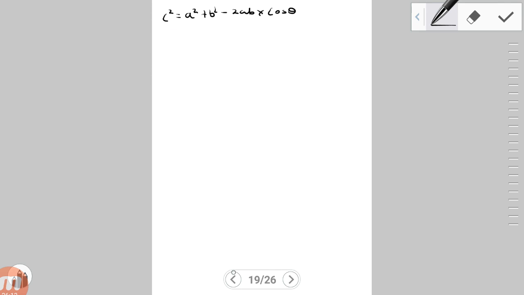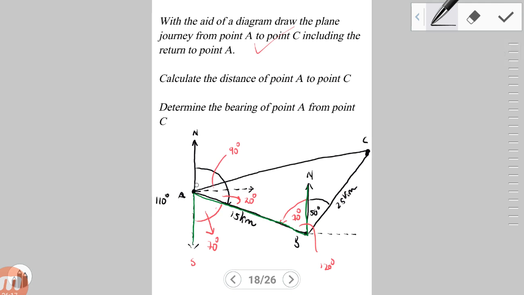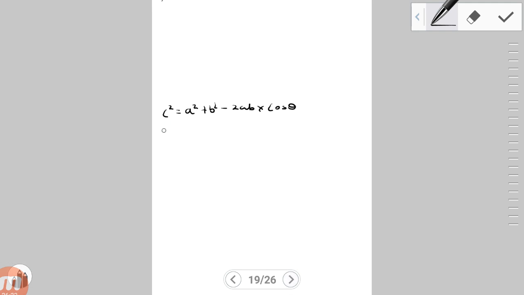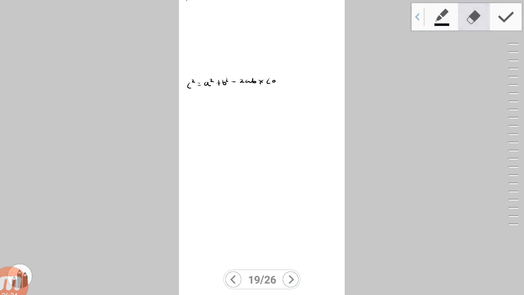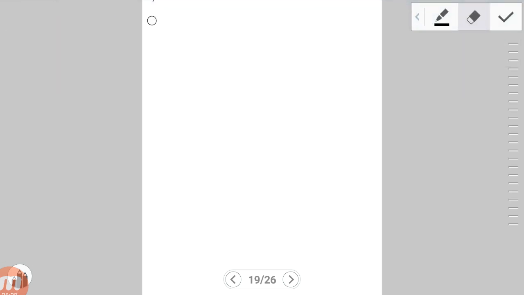So c in this case would have been obviously the side that we're looking for, which is going to be the distance of A to C, that's point A to point C, so that's AC squared. Let's just write it a little bigger for you guys here. Okay, so we have c squared is equal to a squared plus b squared minus 2ab times the cosine of the angle between.